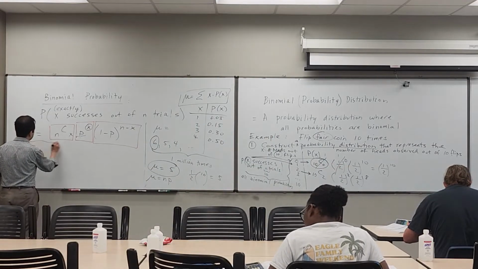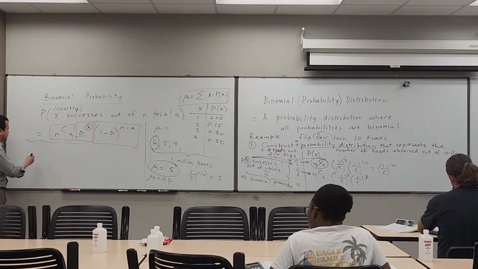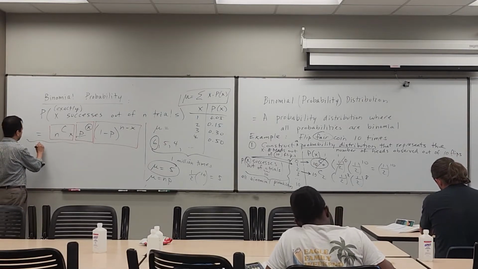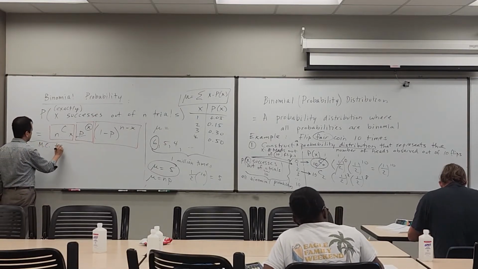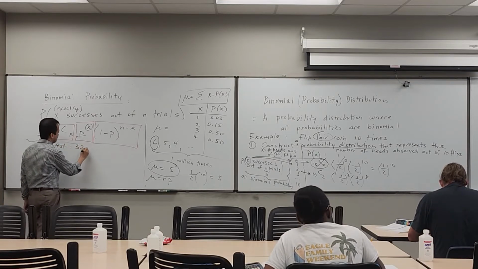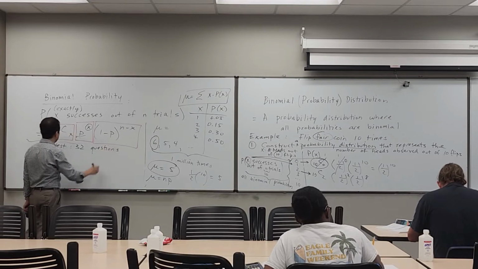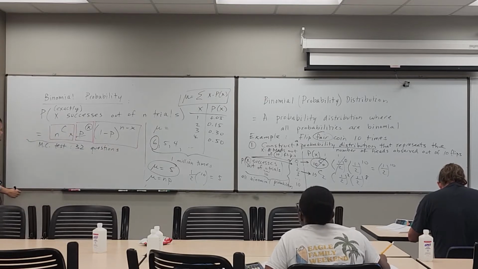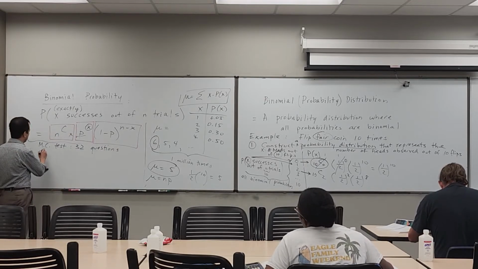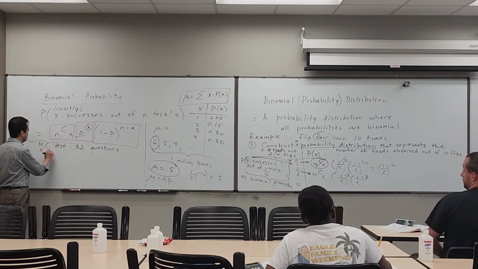So let's say that you had a multiple choice test, 32 questions. And you had 4 choices per question.